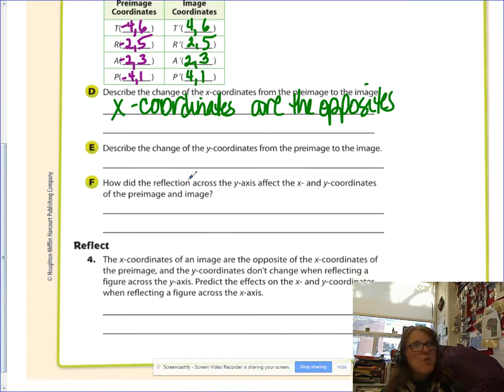Describe the change of the y-coordinates. The y-coordinates had no change. So how did the reflection across the y-axis affect these coordinates? Well, the x-coordinates became opposites.